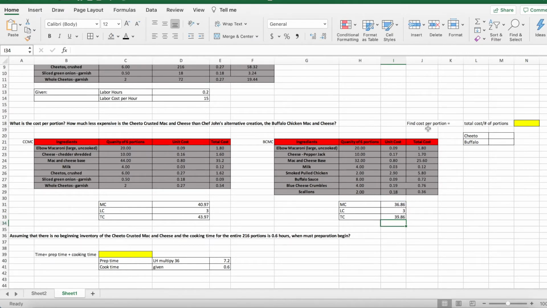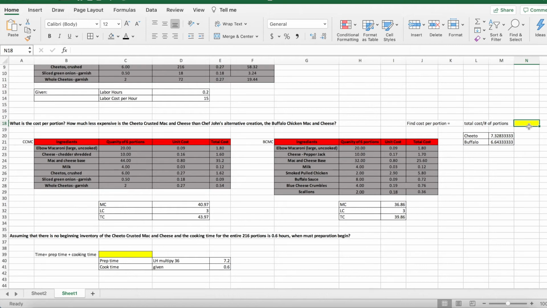Next, we're going to find the cost per portion. And we're going to start out with the Cheeto. And we're going to find the cost per portion by doing the total cost divided by the number of portions. So the number of portions is 6. And we find that Cheeto is 7.32, where buffalo chicken is 6.64.